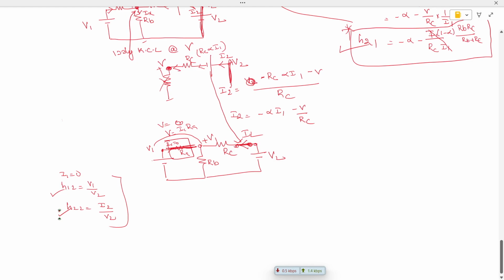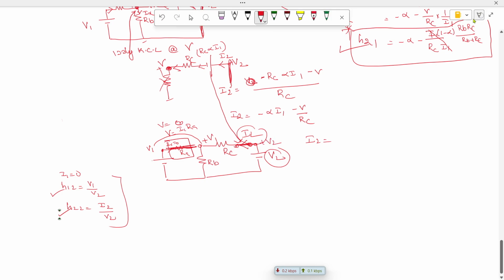So now how to write down? Here we require the relationship for V2 and I2. Very simple. I2 is equal to, the voltage at this point is V2, and this is the current I2. Therefore I2 is equal to V2 minus 0 divided by RB plus RC, since the I2 current is flowing completely here.